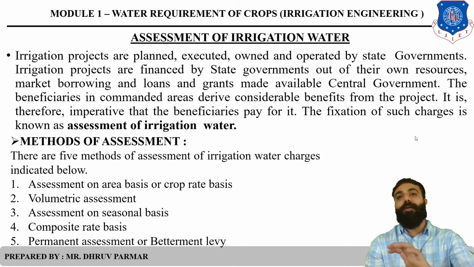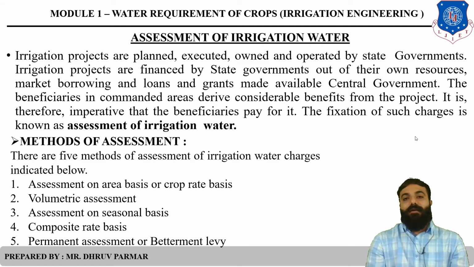Clear? So in that particular area, the farmer grows a crop like wheat or rice. Clear? The canal officer knows how much water is required for that particular crop. So he takes a levy on the basis of that particular crop. That is crop rate basis assessment. Then second one, volumetric. There are some drawbacks in area basis.